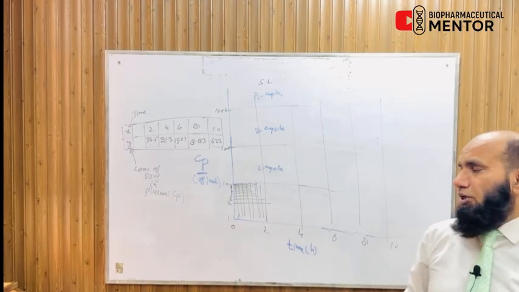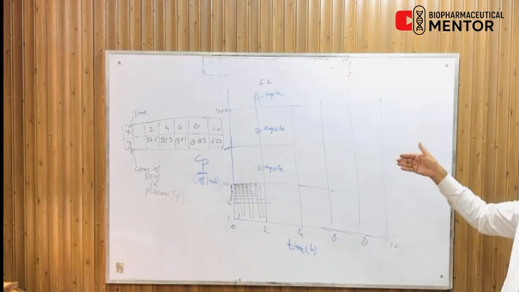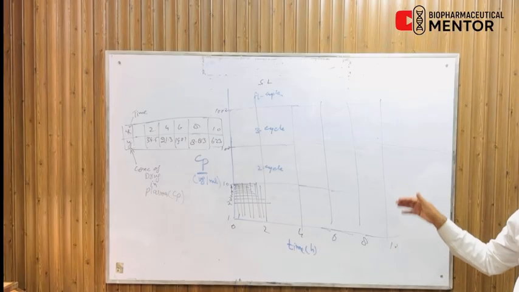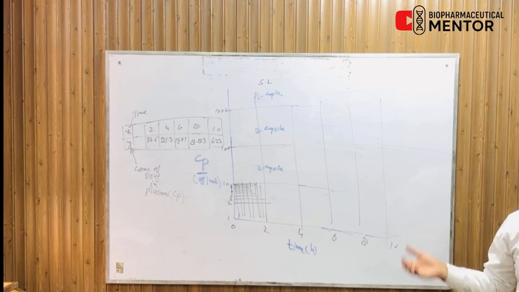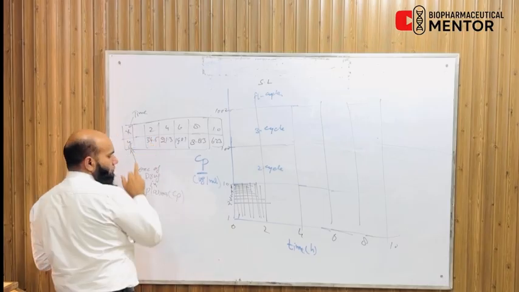So we can assume the maximum concentration is at the top after 2 hours, and then the concentration gradually decreases with the passage of time, because this decrease shows we are just getting the process of elimination. So first of all, we have to plot 2 with 34.5.